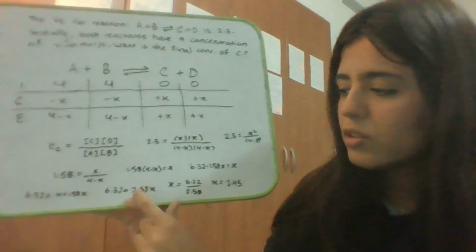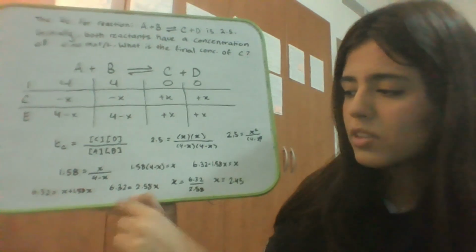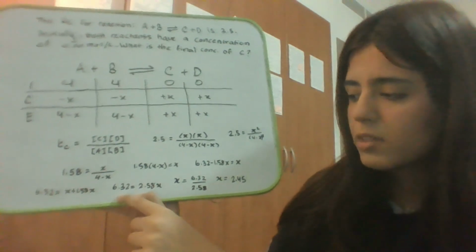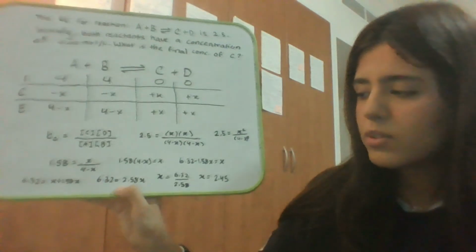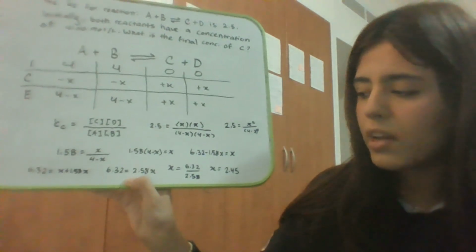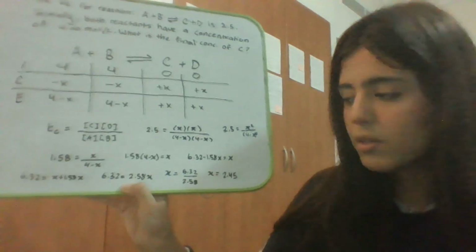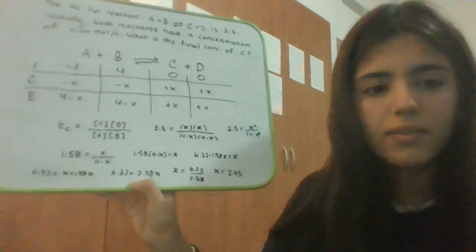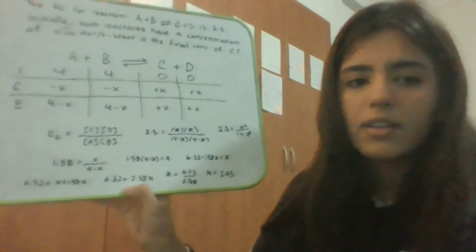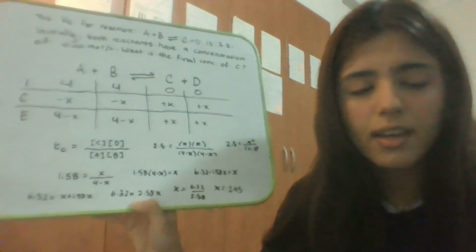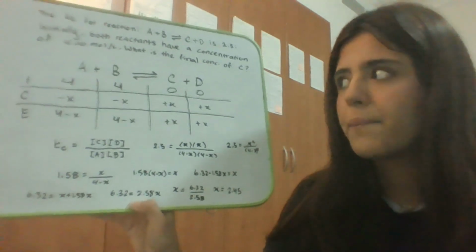Now, because this value is being multiplied by x, to move it to the other side, we'll divide by 2.58. So x equals 6.32 over 2.58, which means that x equals 2.45 moles per liter, because we're finding the concentration. x is the concentration at equilibrium.